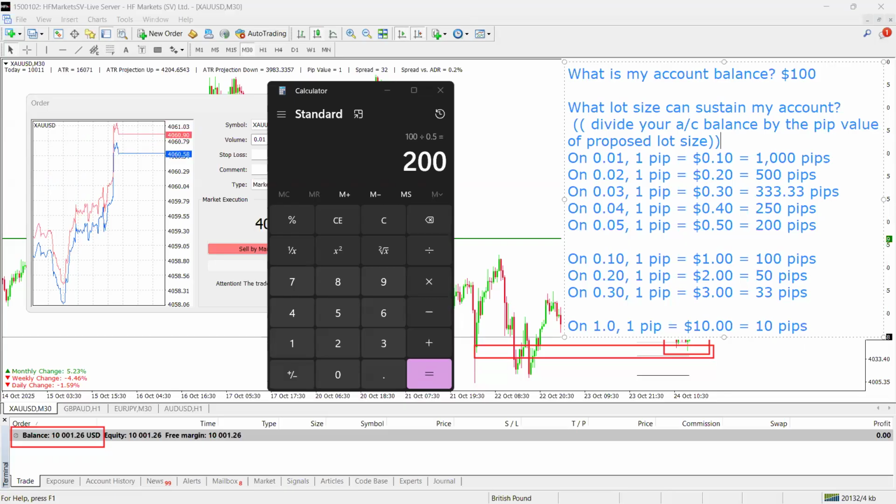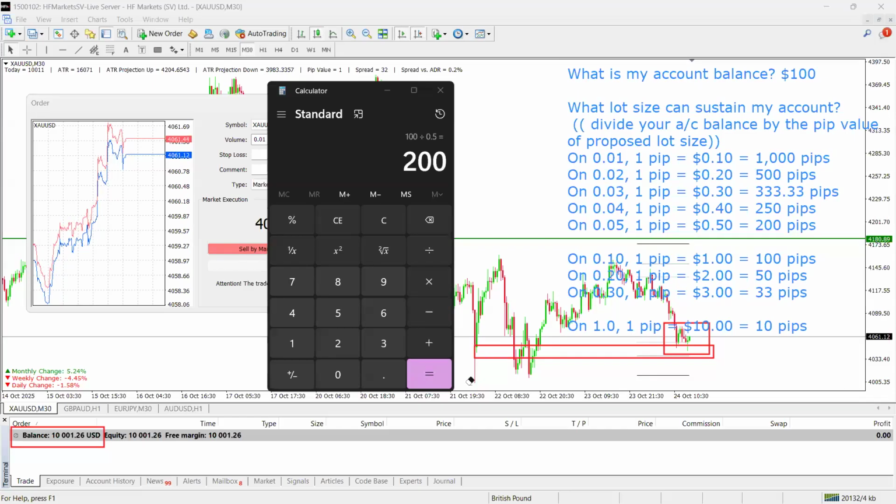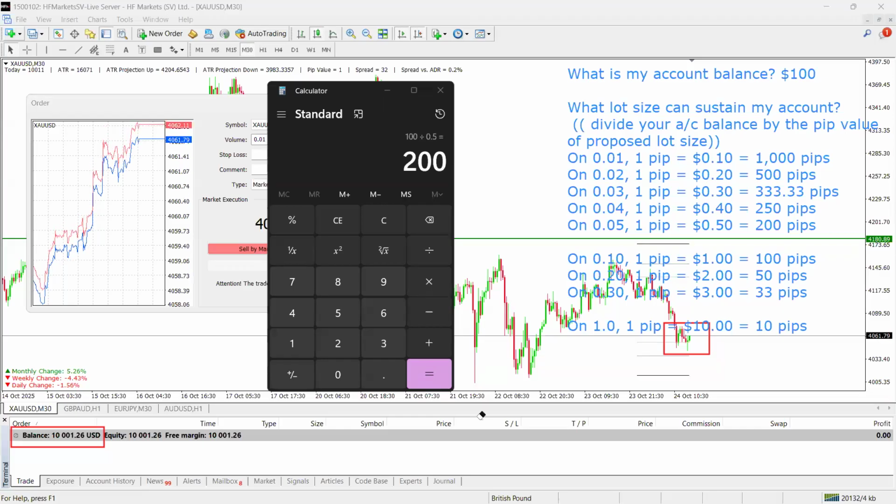That's the first thing. Capital preservation. Are we together? Even if your account is not $100, even if it is $500, you can still divide it by the lot sizes available and their pip values, and see which one sustains that particular account, and also ensure that you are still comfortable making profit.